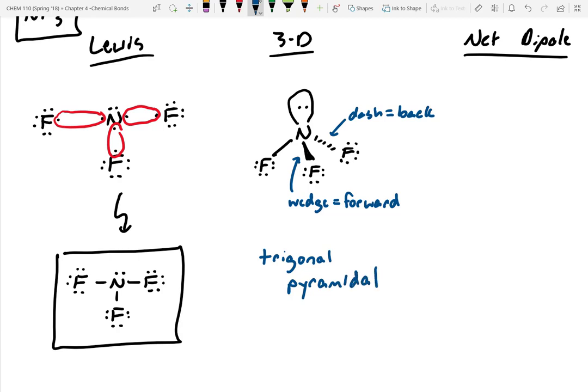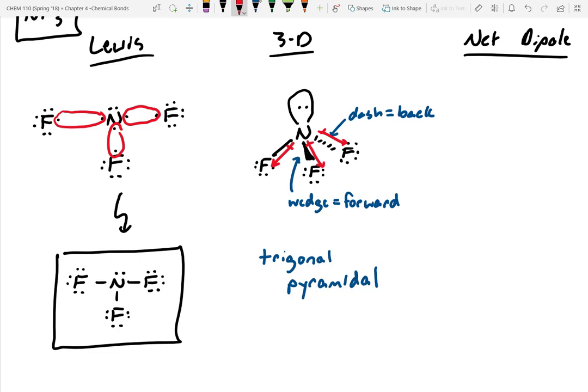All right, now what we do, just like before, is find individual dipoles. So between nitrogen and fluorine, which one's more electronegative? Fluorine. Fluorine's the king of electronegativity. So we can draw dipole arrows kind of like that. Each of these fluorines is hogging electron density from that nitrogen.